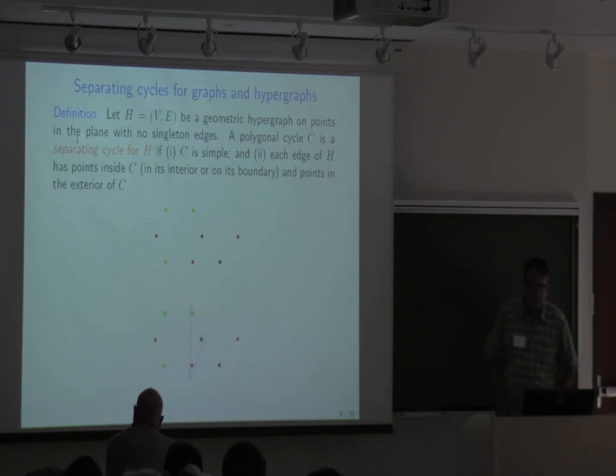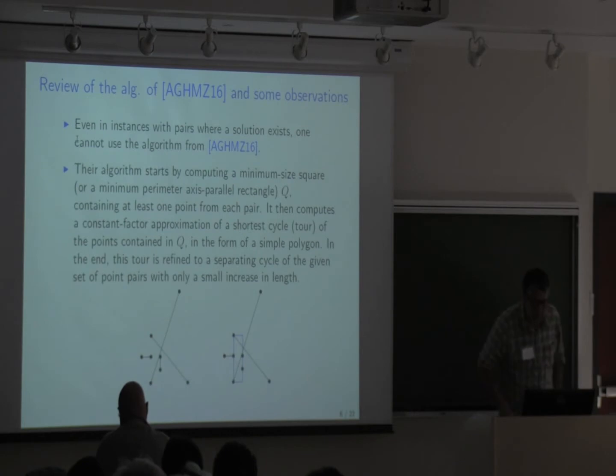Now, for instance, for a hypergraph, how would you define this? For a graph or hypergraph, from each edge you would like each edge to have at least 1 point outside and at least 1 point inside. So you basically have to look at hypergraphs with no single-term edges to be able to do that.